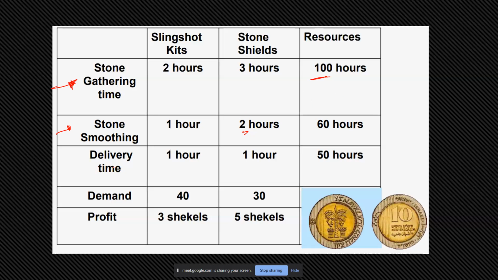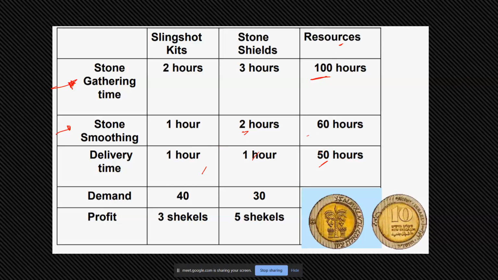Okay? Next, once na natapos na daw yung slingshot at stone shields, pwede na natin i-deliver sa customer. Ang typical delivery time ng kada slingshot, 1 hour, 1 hour yung stone shield, kada piraso. Sabihin natin mabigat daw. Walang sasakyan or kung ano man. Buhat-buhat mo lang yung slingshot. Ngayon, ang resources natin for that delivery ay allowed lang 50 hours.